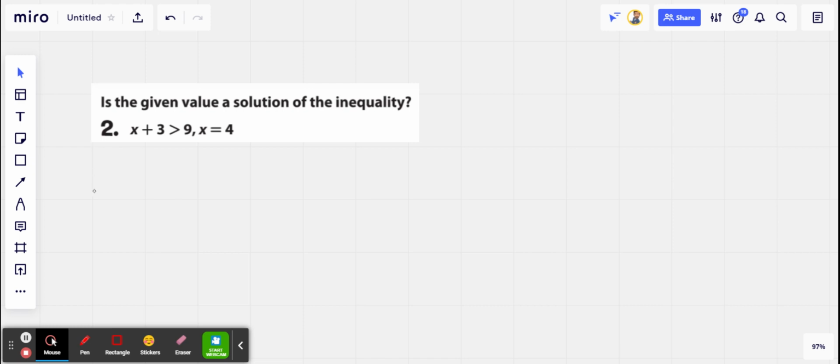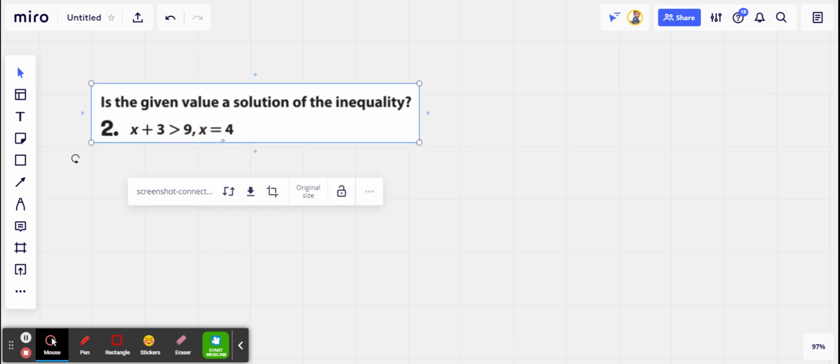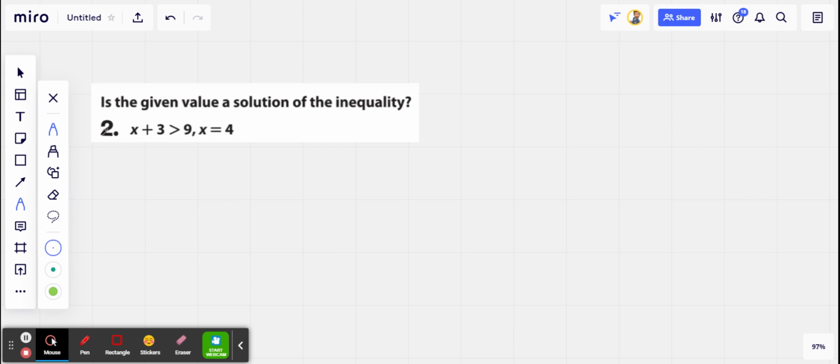Here's another example. Is the given value a solution of the inequality? The given value is 4, because they say x equals 4. Our inequality here is x plus 3 is greater than 9.